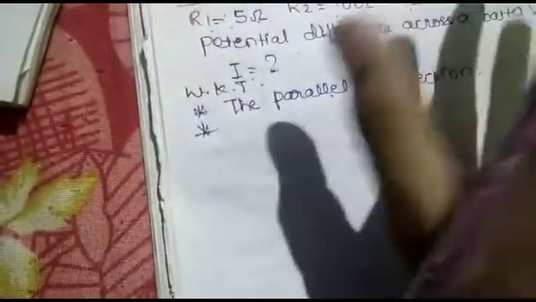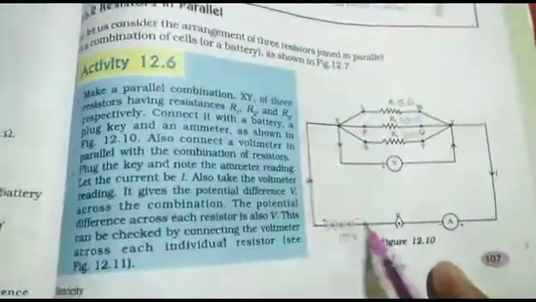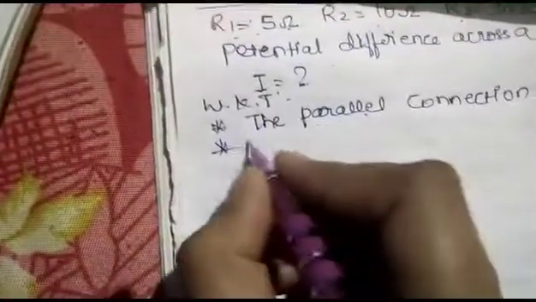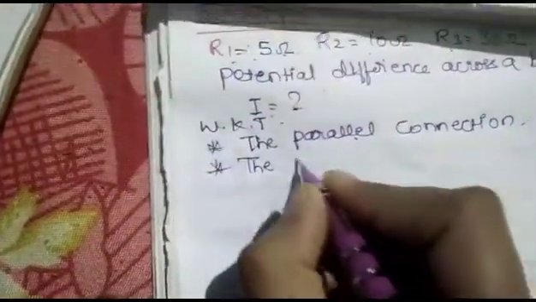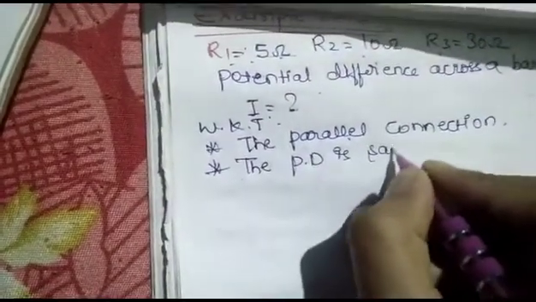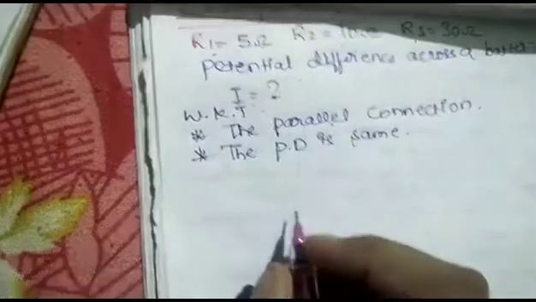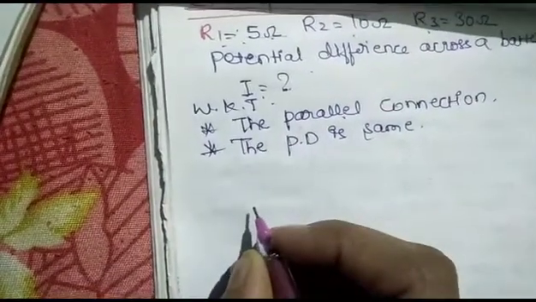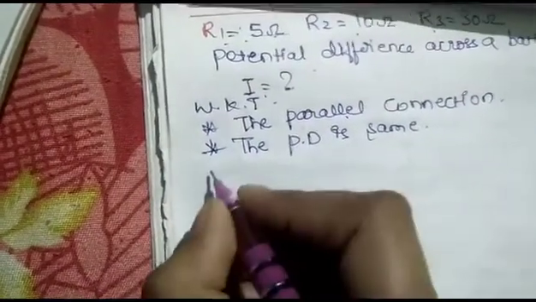Potential difference across each resistor is the same means here we are taking the 12 volt battery, so the potential difference across each resistor is the same. I will write potential difference, PD, is same. We have to remember these points, and the current across each resistor is different.